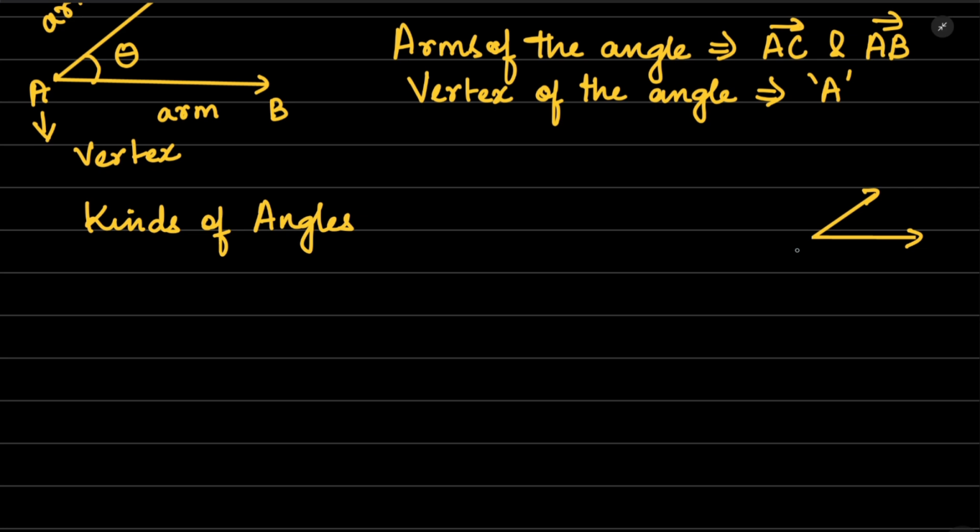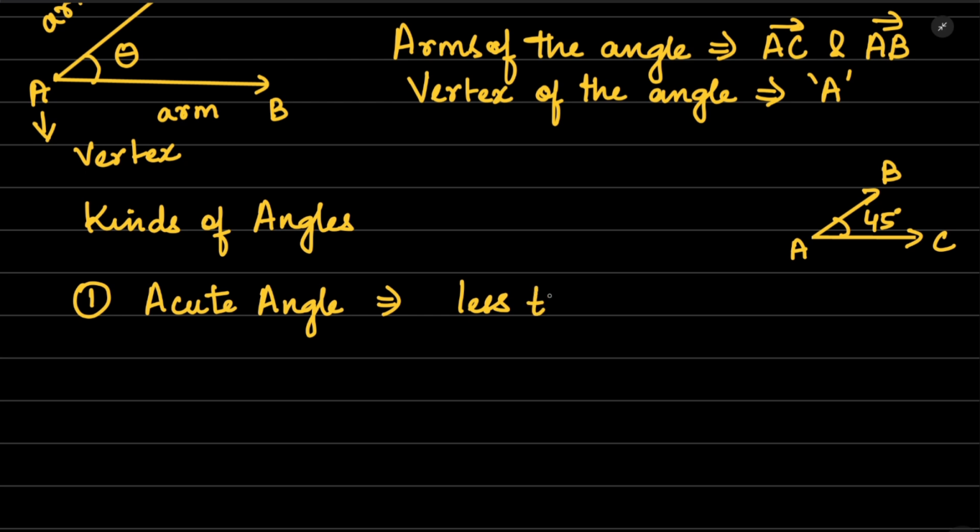So you have A, B, C. Angle BAC is less than 90 degrees, possibly 45 degrees. An acute angle is always less than 90 degrees.